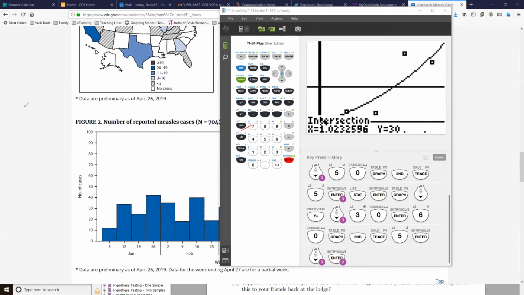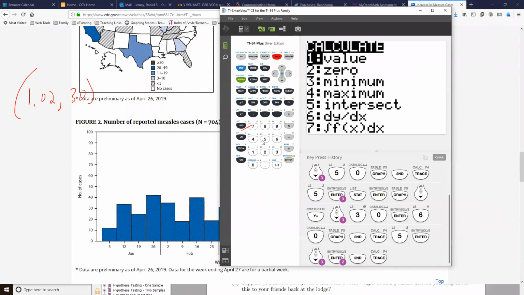Here we go. So at day 1.02, there were 30. Then we're going to do second calc, intersect again.